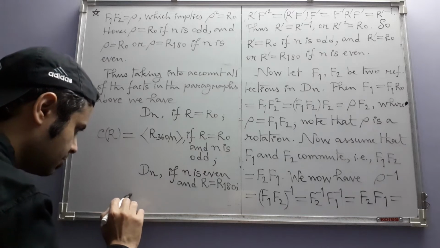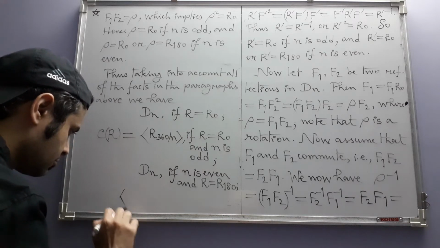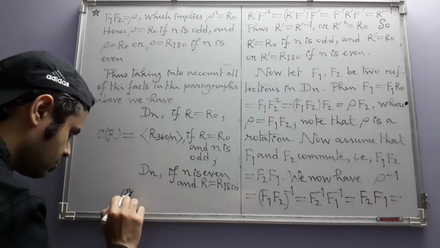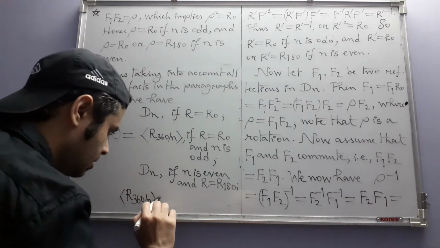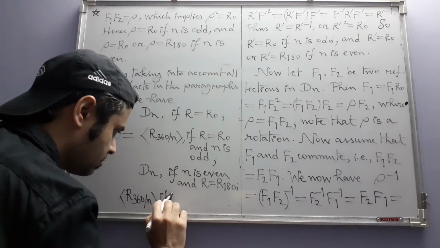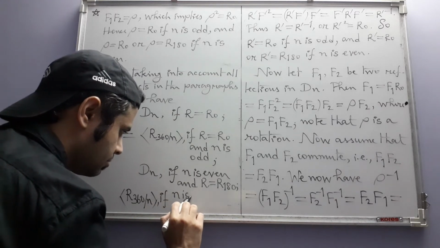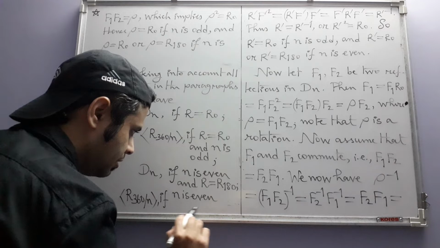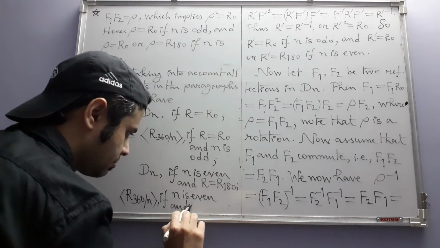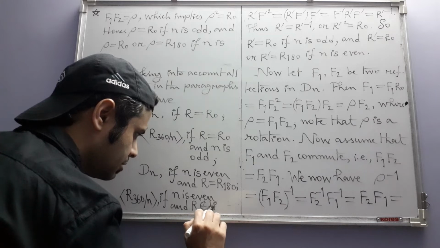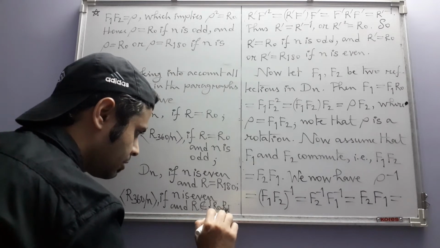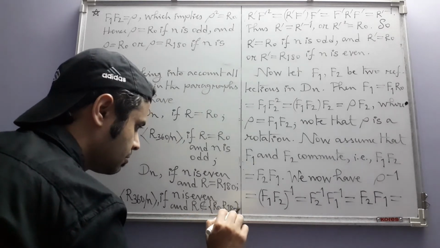So this is equal to this, if n is even and R does not belong to this set, R not R180.